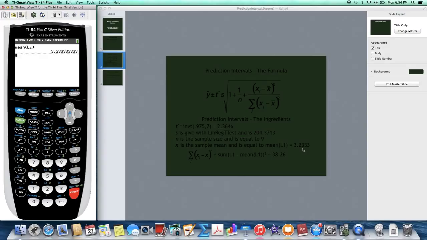Now another calculation I need to do here is the sum of every x value minus the mean, that quantity squared. So it's the sum of the squared differences between the x's and the sample mean. So the way we can do this on the calculator is go second stat, back to the list menu, and then back to math again, and there's sum.